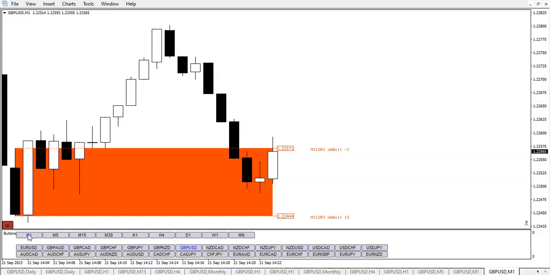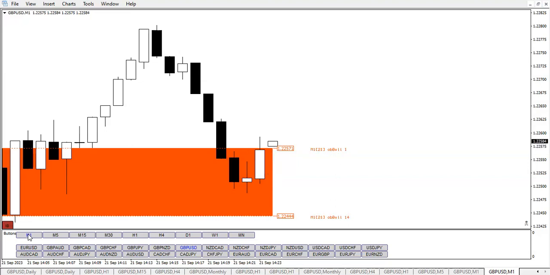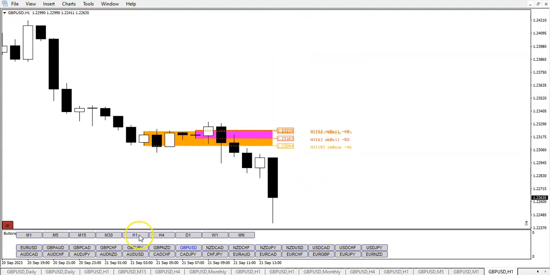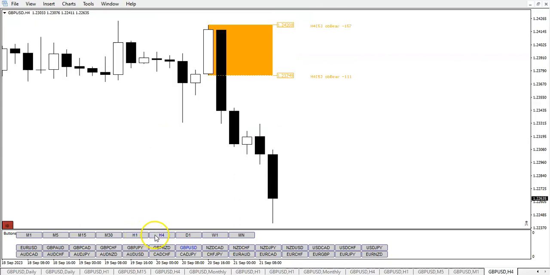Let's see what happens. Now let's move up a few time frames to see how it looks. Other levels.